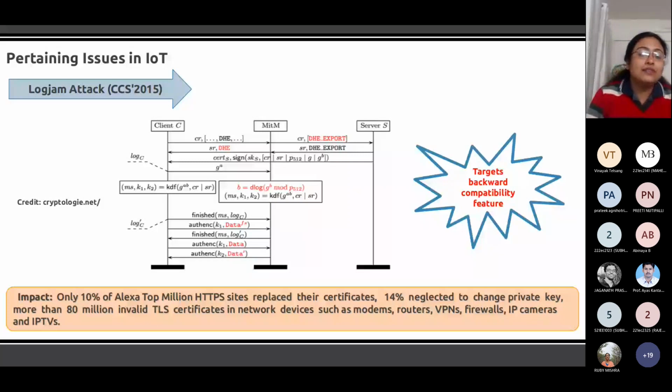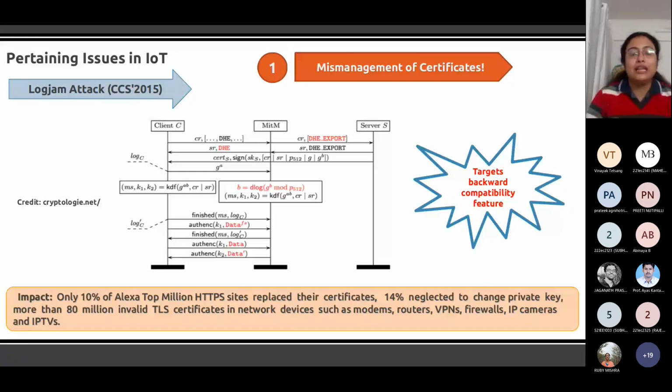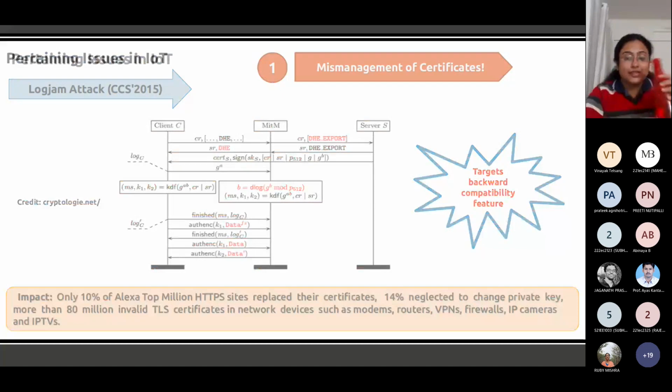More than 80 million invalid TLS certificates were there in the network, in devices such as modems, routers, VPNs, firewalls, and IP cameras. So the issue is mismanagement of certificates when there is an attack on the crypto system, because people have bought certificates which have their public key for 512-bit RSA, and they do not want to renew those certificates to get a 1024-bit key. Now, the second issue, or the second test case.